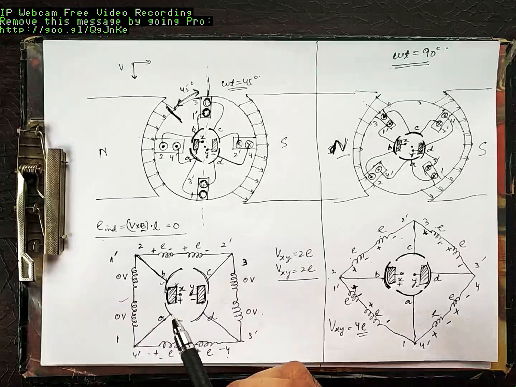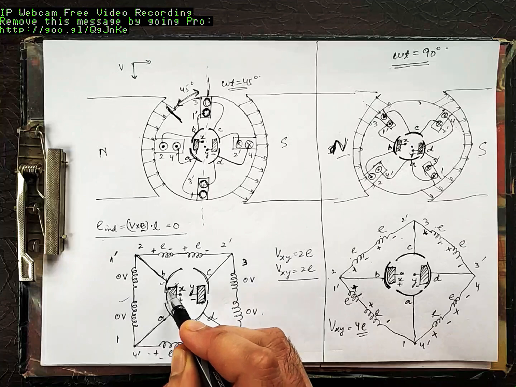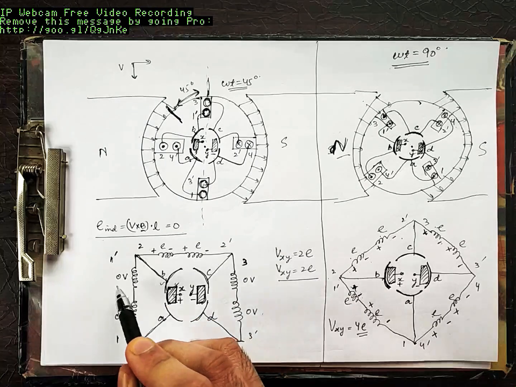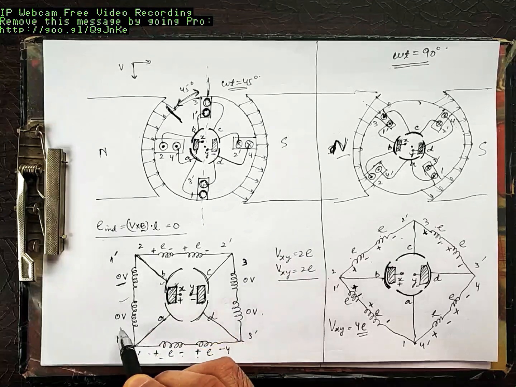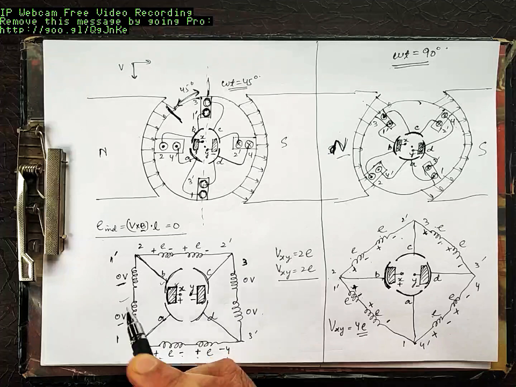But we were fortunate enough that we found out that the instant this brush X short circuits coil 1, the voltage that was being induced in this coil 1 was 0.